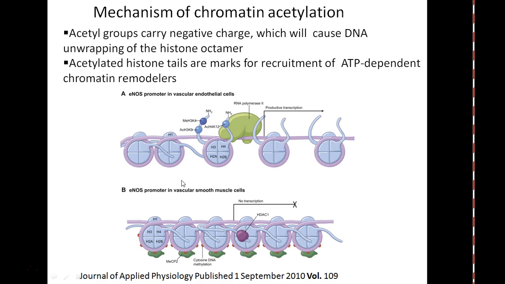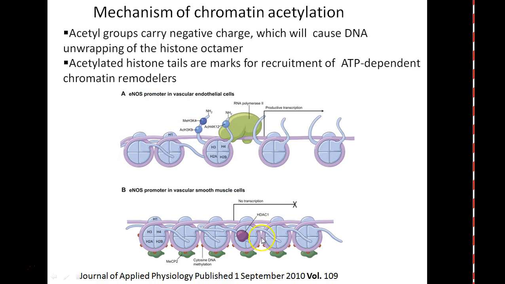I wanted to go deeper into the mechanism of how it happens. This figure illustrates the opening and closing of the chromatin in the context of gene transcription. In this case, we have a gene.